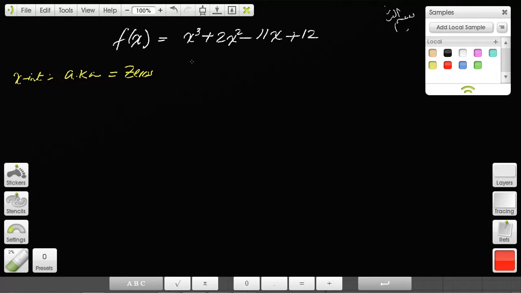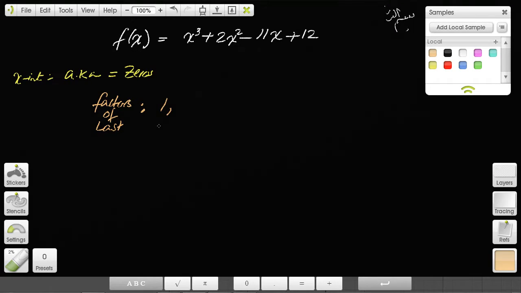Now, the zeros are going to be factors of the last term. So let's round them up. Let's write them out. The last term is 12, right? So what are the factors of 12?